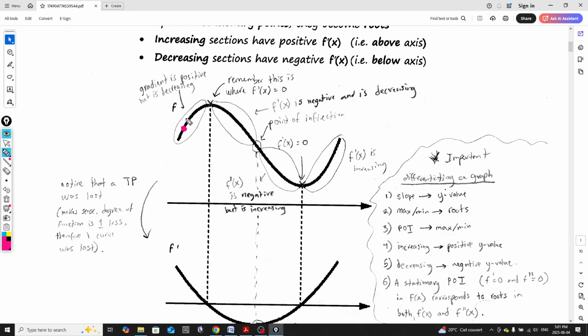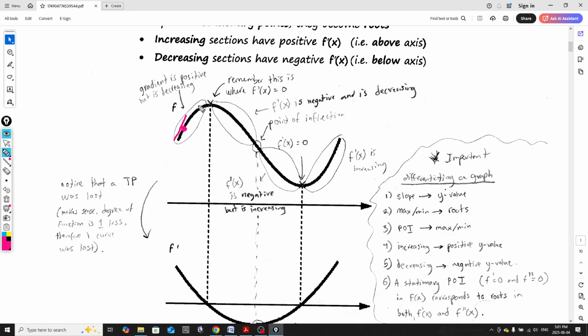In other words, what's the slope of the tangent, right? Well, we know that the way that we figure out that slope of the tangent is by determining an expression for f prime, and then plugging x into that expression for f prime. And then that output, what you get as a result, is going to be the instantaneous rate of change.